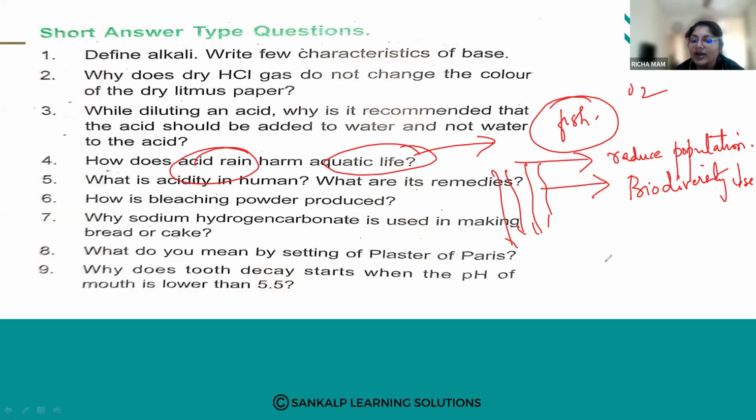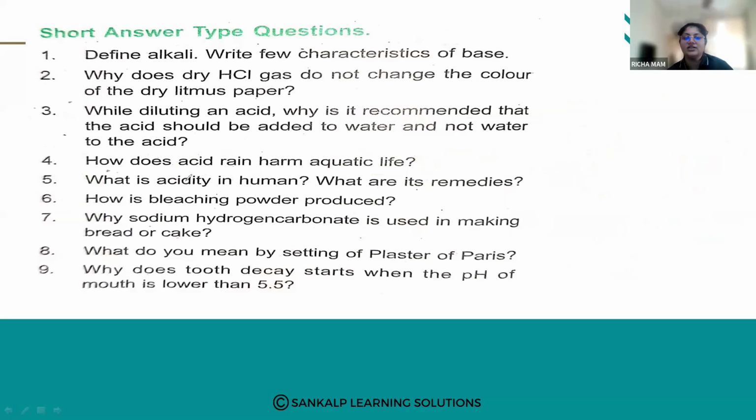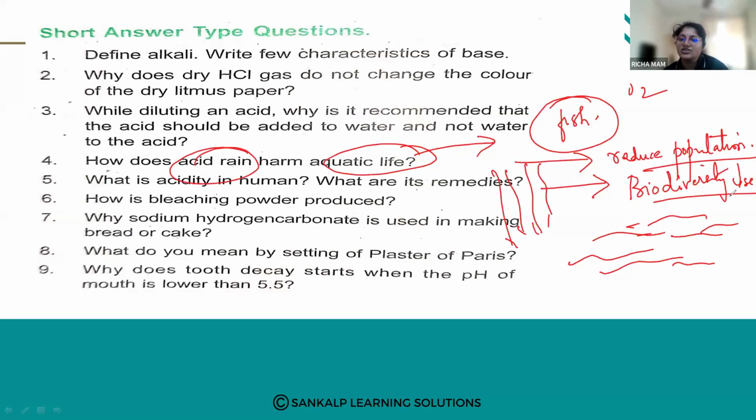Because of that, the water will be affected everywhere, so in turn it will harm aquatic life. The water will become acidic in nature, it will reduce their population, and in turn their biodiversity will decrease.